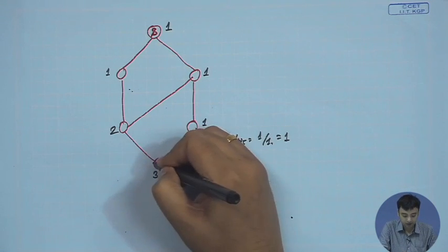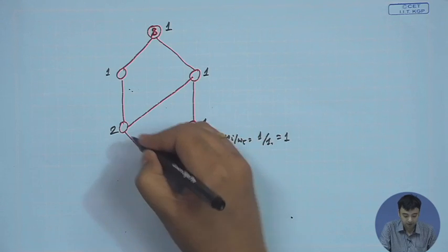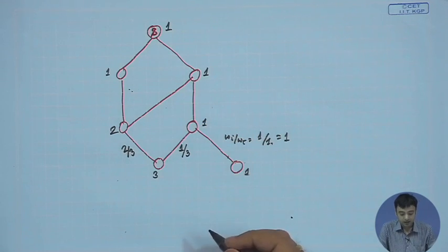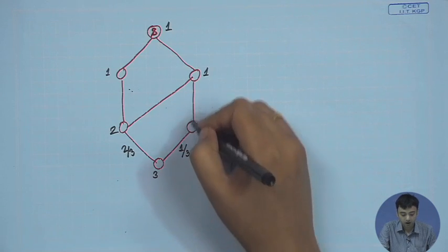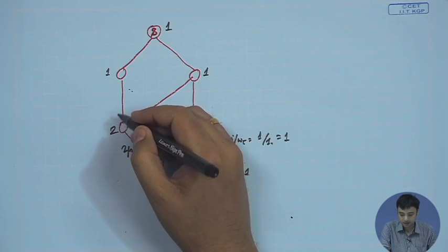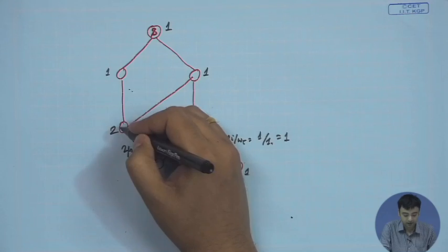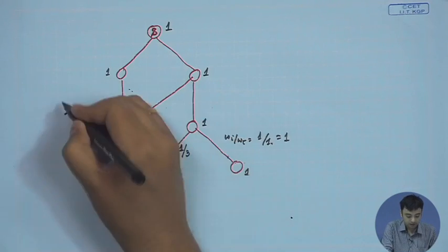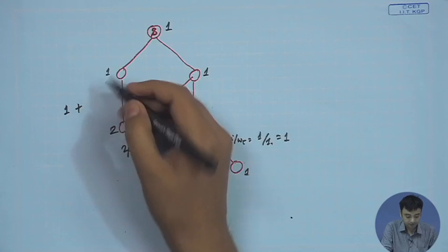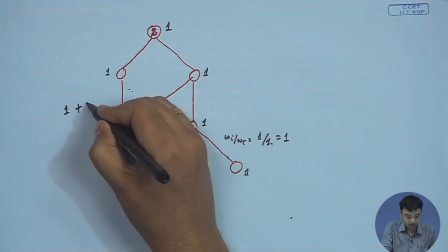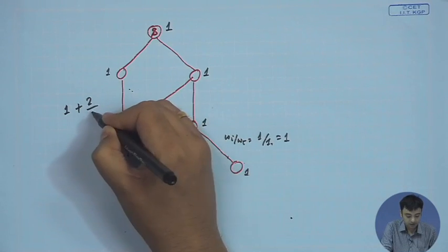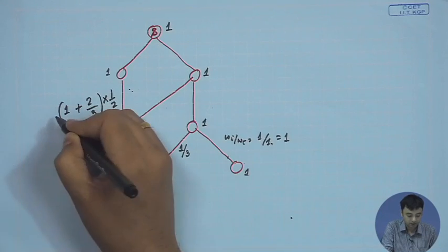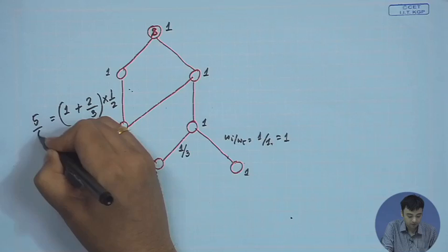For this particular edge, you again have Wi by Wt, in this case 2 by 3. In this way, now you have to work upwards. For instance, let us take this particular edge. You have 1 plus what comes from the bottom, 2 by 3, multiplied by 1 by 2. This is equal to 5 by 6.